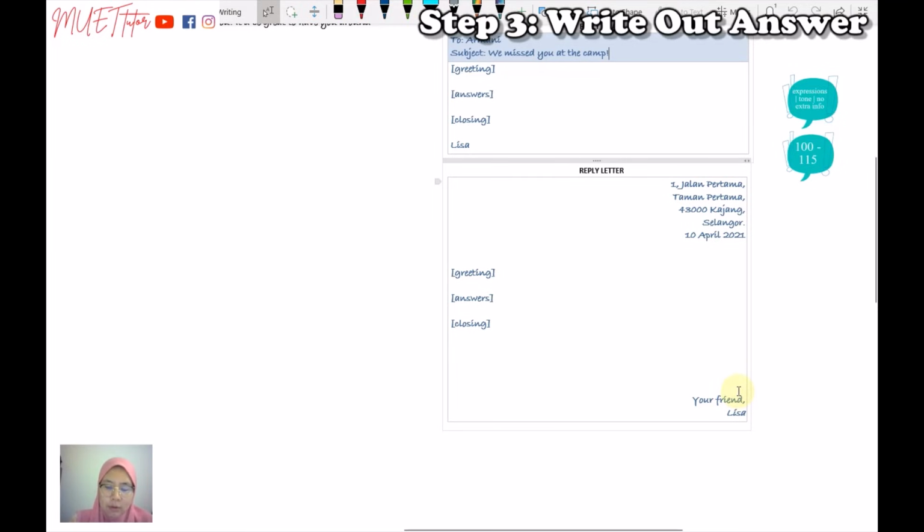By the way, if you're writing a formal letter, you'd use something like yours sincerely here, or yours faithfully. And if it's an informal letter like this one, you're writing to a friend, you could use your friend like this one. And then don't forget to address the sender in your greeting here.